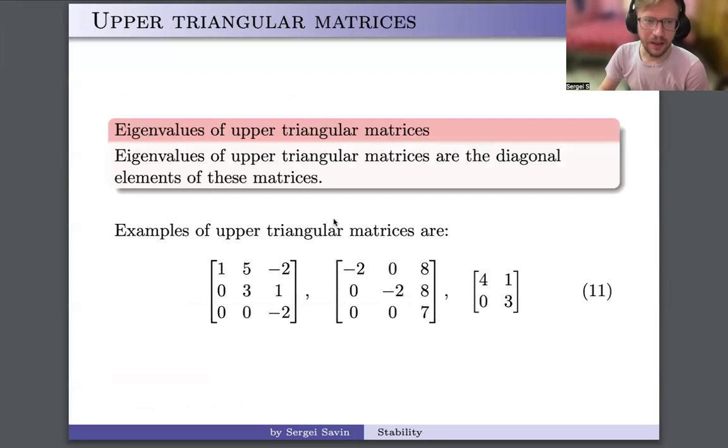Now, we will take a small pause from making more and more general statements. For now, let me just give you an observation about a specific type of matrices.